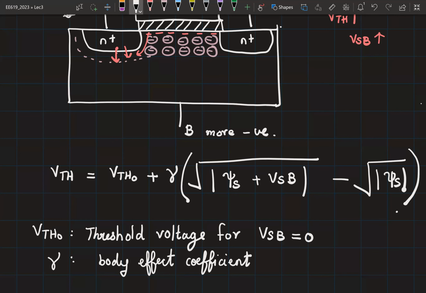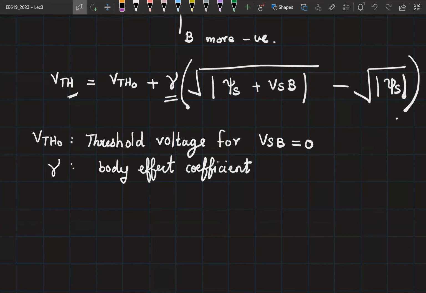So now can you tell me whether this gamma should be positive or negative? Why positive? Right. If VSB increases, our intuition was that VTH has to increase, which means when VSB is increasing, gamma also has to be positive for our VTH to increase. Okay. Again, now tell me the units for gamma.